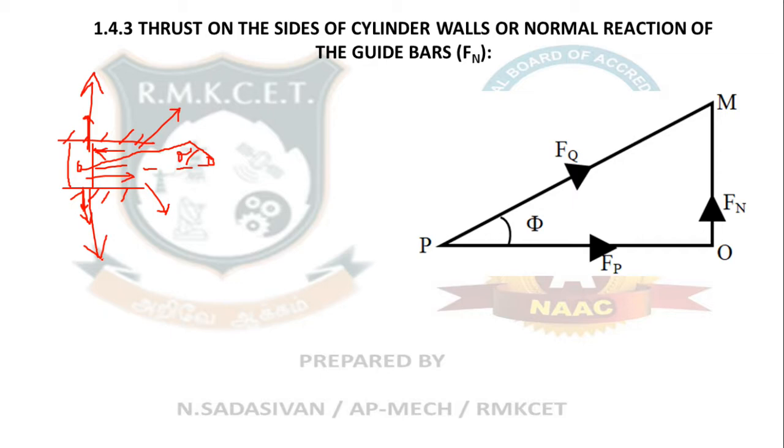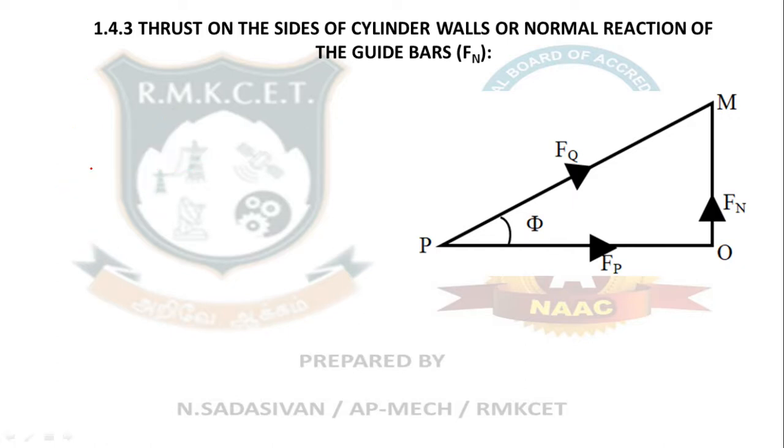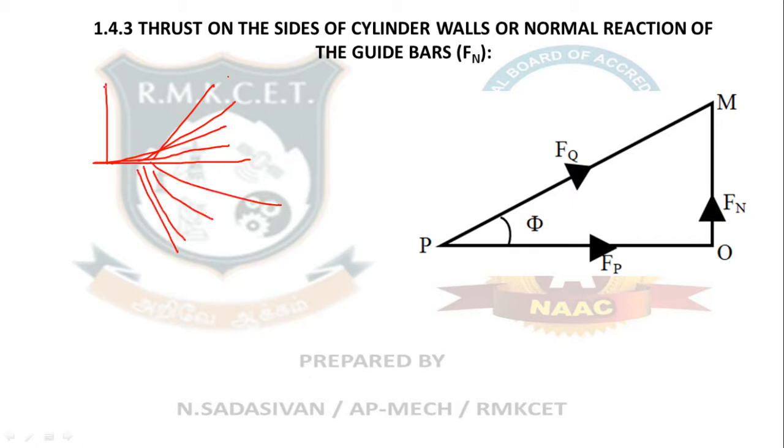How does the connecting rod move? It occupies various positions. Initially the connecting rod was like this, then it was like this, and finally after reaching the maximum diametrical position it starts moving. Due to this there is always a net outward pull on the piston, either on this side or this side.